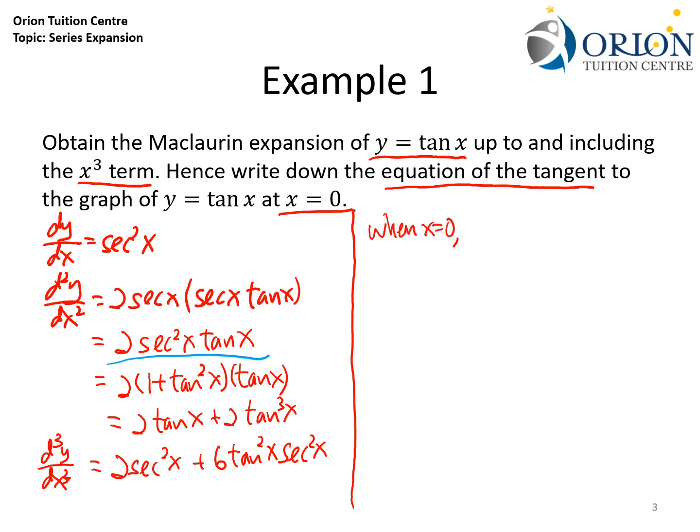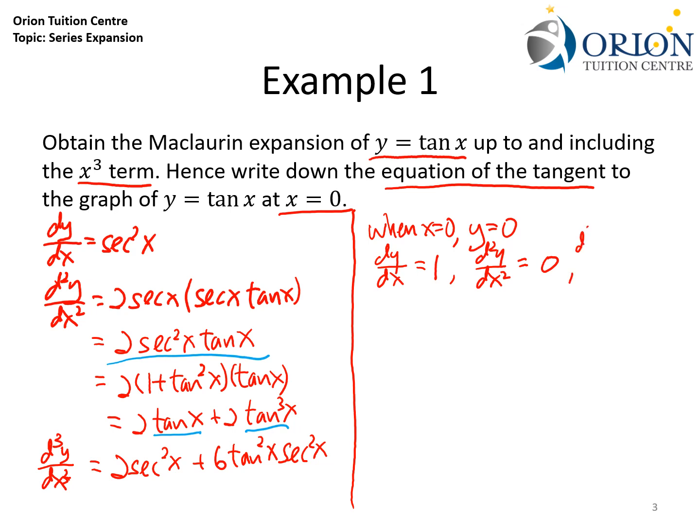When x equals 0, I know that y will be equal to 0 because tangent 0 is 0. dy/dx will be equal to secant squared 0, which gives us 1. The second derivative, d²y/dx², will become 0 as well because tangent 0 is 0 and tangent cubed 0 is again 0.